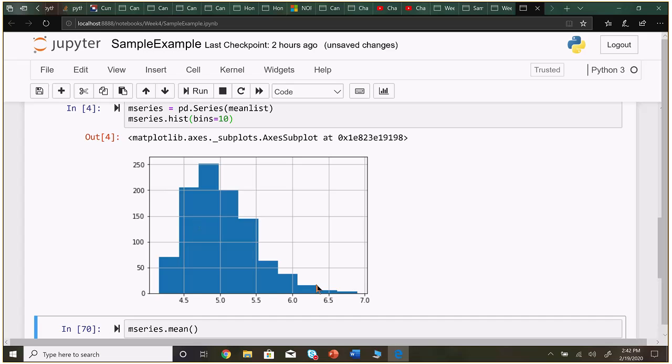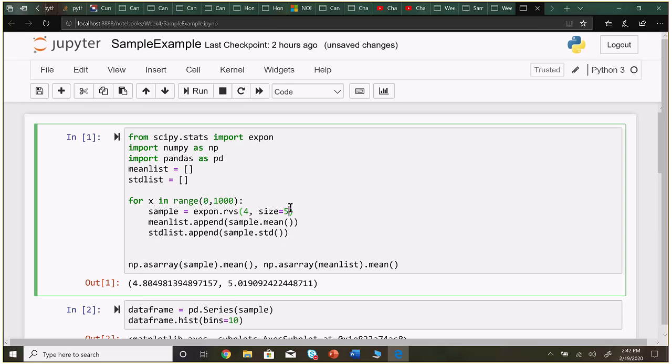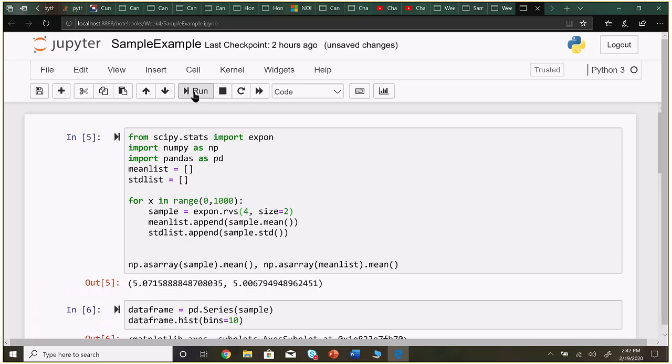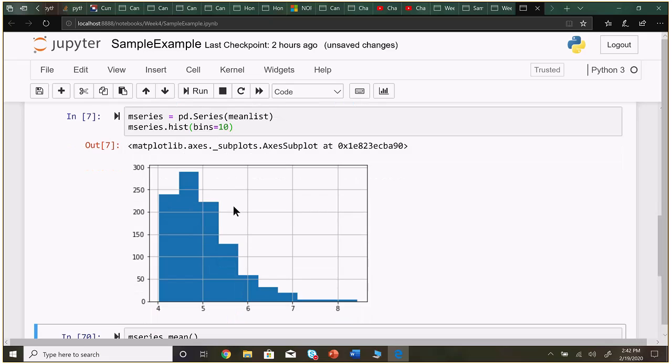If we change the sample size to 2, because I don't know if it'll even work with 1, now it looks a whole lot more like the exponential distribution, where it's just going like that.